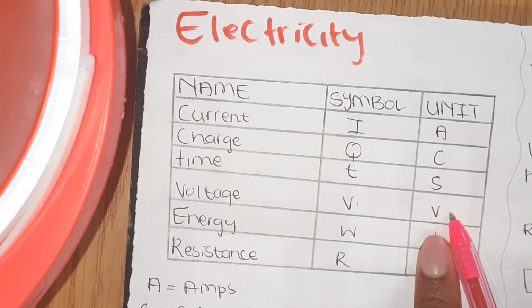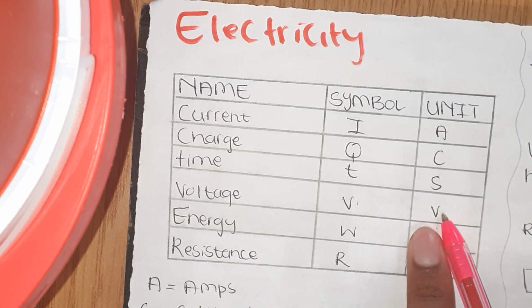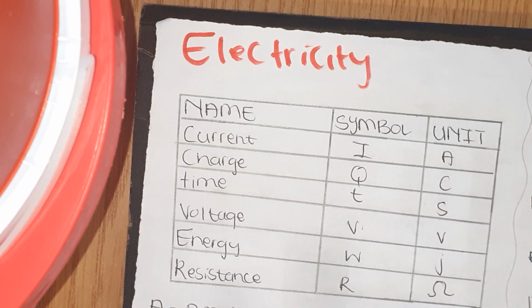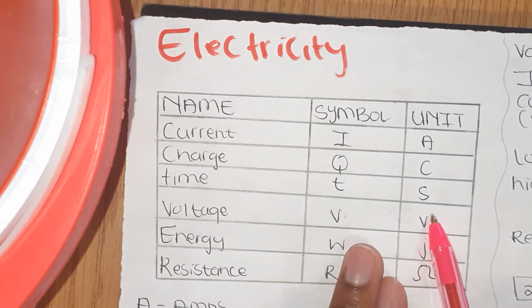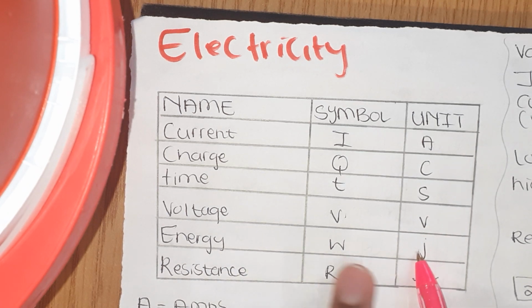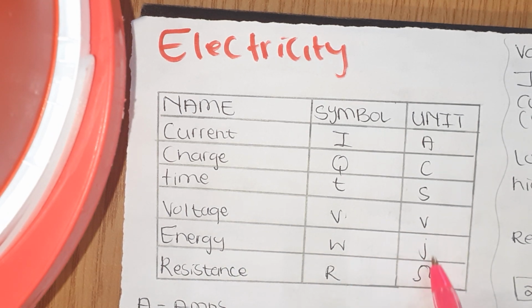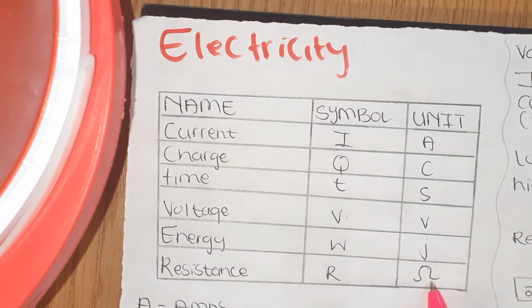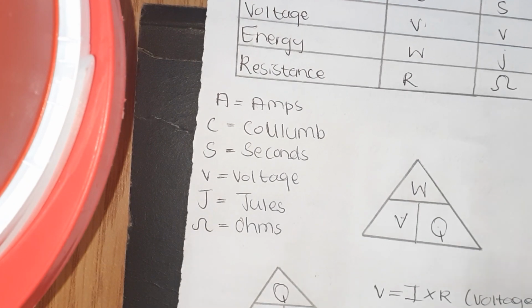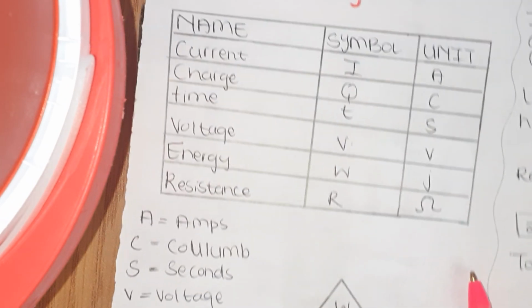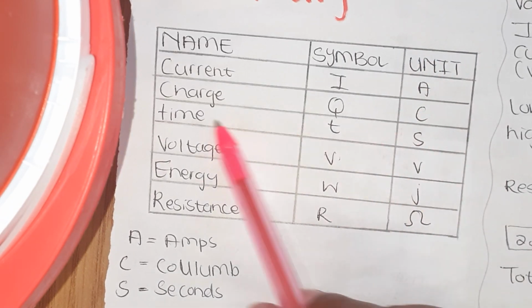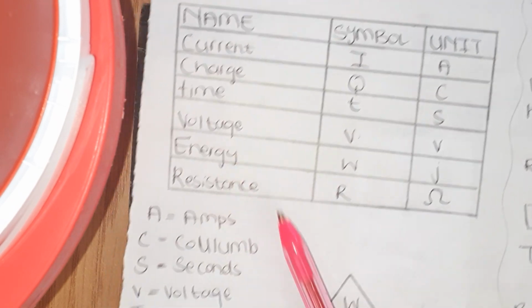Voltage is measured in V. Voltage is also the potential difference, so when you're asked to calculate the potential difference, you are asked to calculate the voltage. Energy is measured in joules and resistance in ohms. So here they are, those units, how these different things are measured.